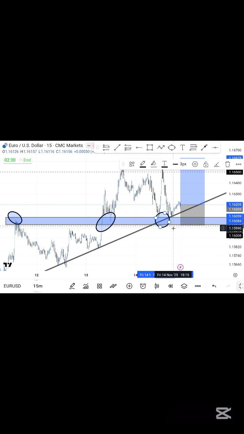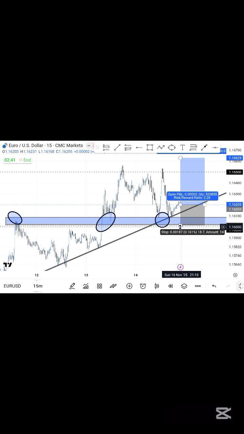It has touched our support, and here we can see a trend line. It touched the trend line here, and this is a psychological level. These dotted lines, at our stop loss, are our psychological level.